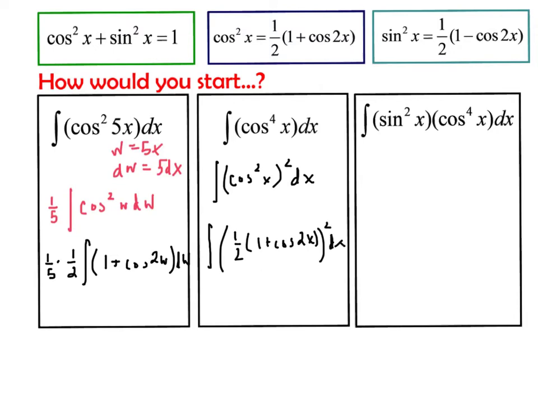And I'd actually multiply that out. Of course the 1/2 will square to be 1/4, and then you'll have 1 plus 2 cosine 2x plus cosine squared of 2x dx.